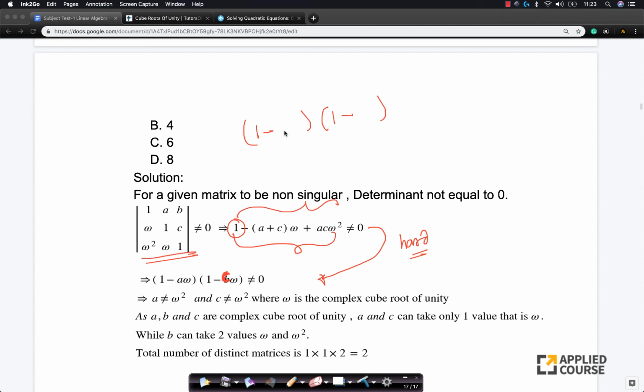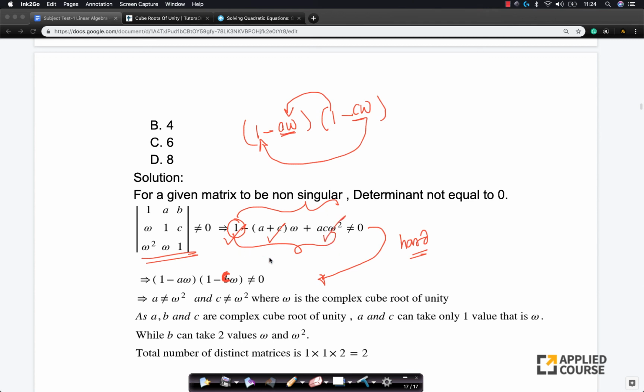Now, this 1 has to get multiplied with something. Look at this, I have minus a omega and minus c omega. So if I have a omega here and c omega here, because this one would get multiplied with this and this one with this, I have a omega and c omega terms also. I have the 1 term also. Now, when both of these get multiplied, what happens? Minus minus becomes plus. We get ac omega square.